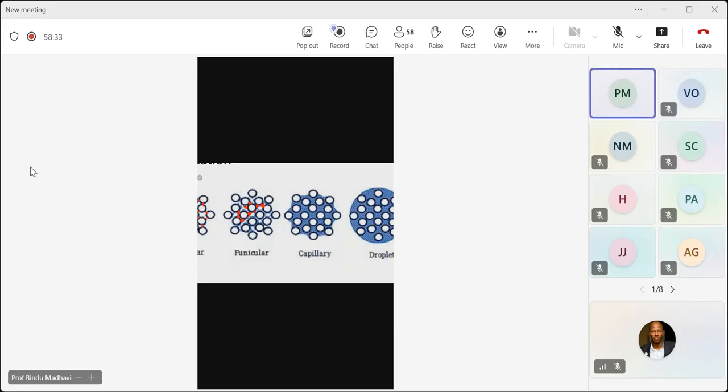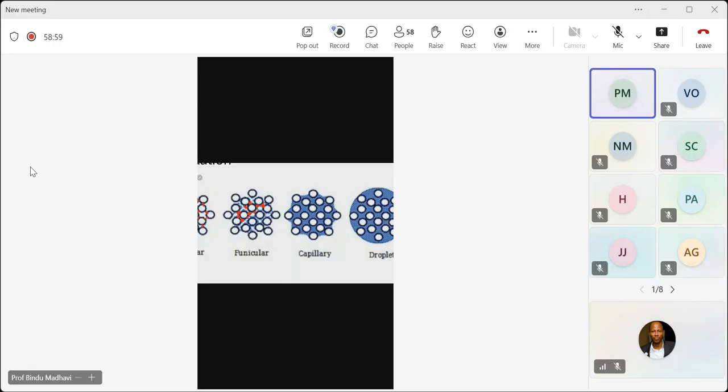After this, when we add still more liquid binder, the liquid binder fills in between the particles and it enters a stage called the capillary stage. Whatever gaps are present between the particles are now filled by the liquid binder that we have added.